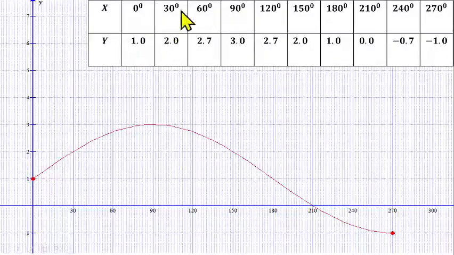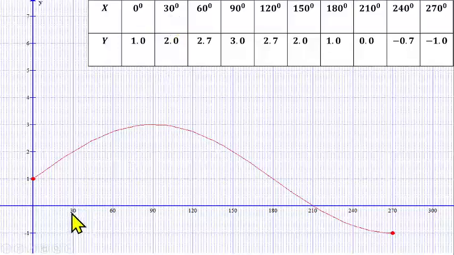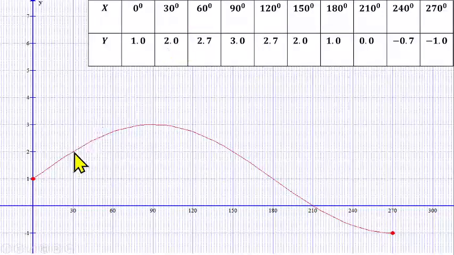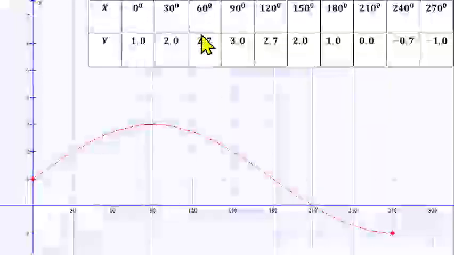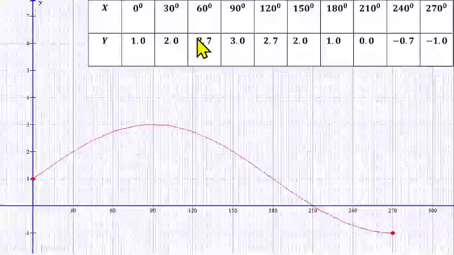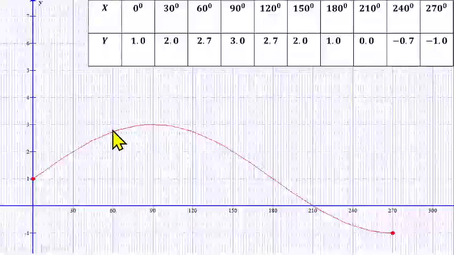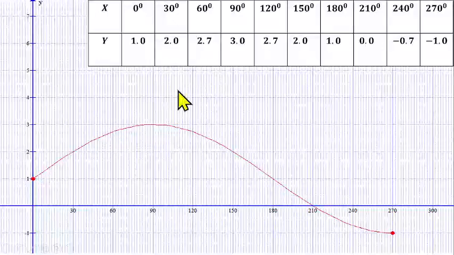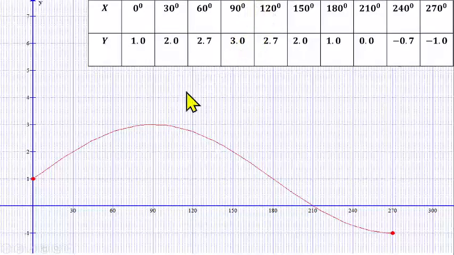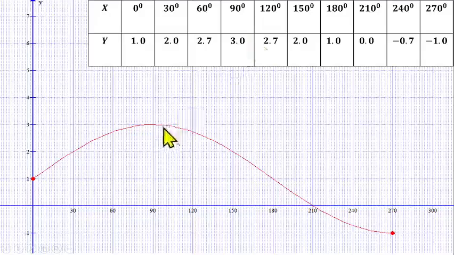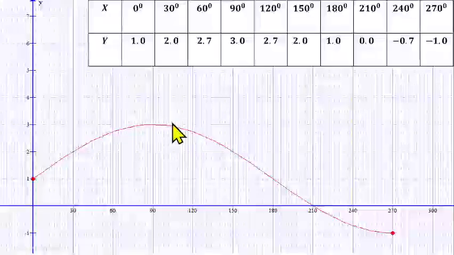When x is 30 degrees, which is this, y is 2.0, so the next plotting will be here. When x is 60 degrees, y is 2.7, so another asterisk is here. When x is 90 degrees, y is 3.0, so another asterisk is here.